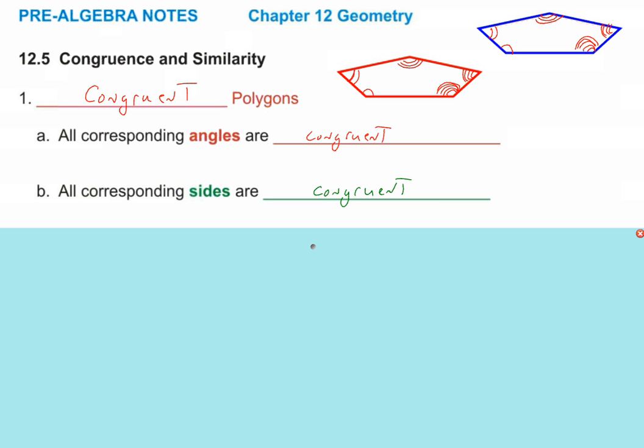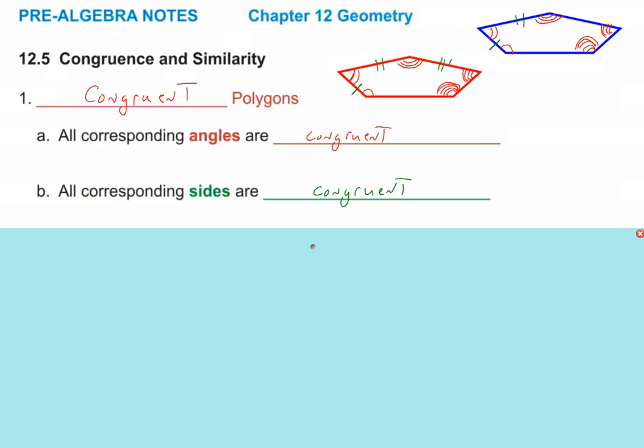All corresponding sides are congruent. So the left side on the left, if that's a 1 on the red, then on the blue, that's a 1. They're congruent. And if I move up, that one would be congruent to that one. Get the idea? Because they correspond.